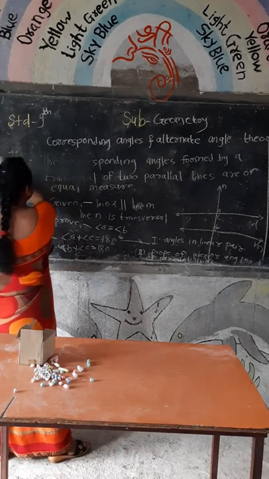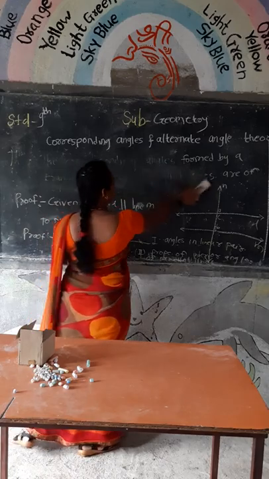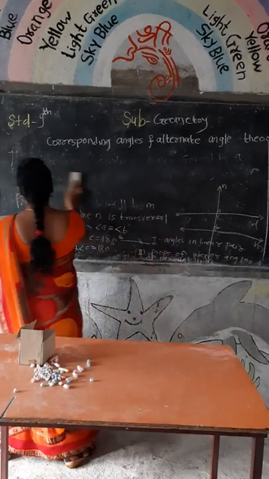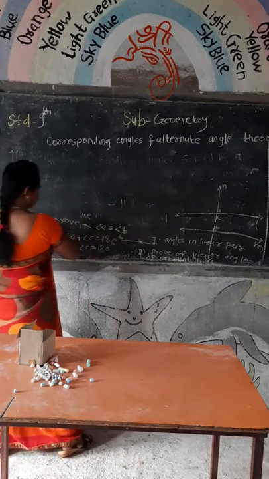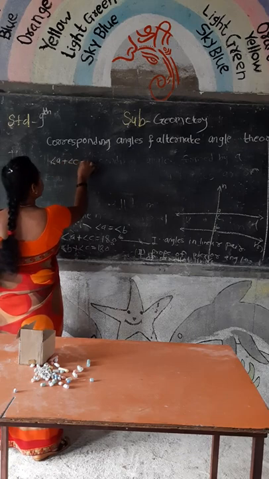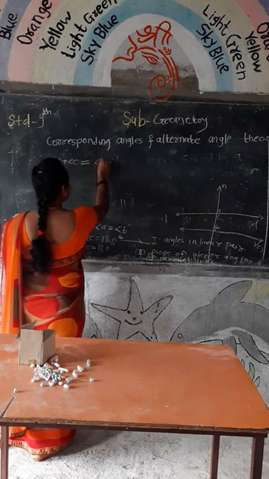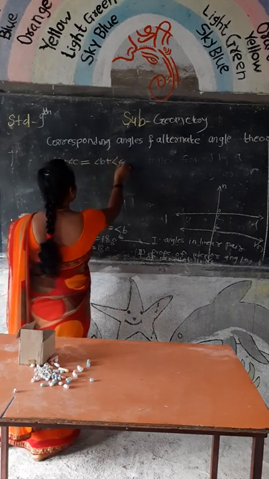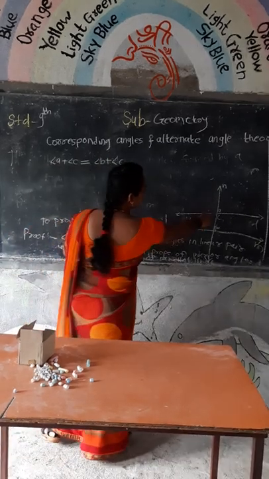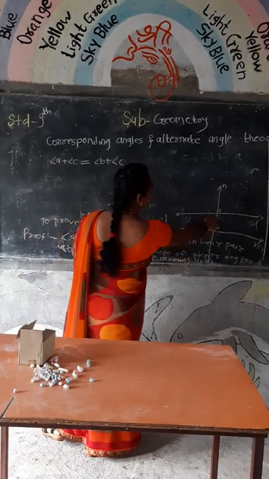Then the next step is angle A plus angle C is equal to angle B plus angle C. The first equation is angle A plus angle C is equal to 180 degrees.